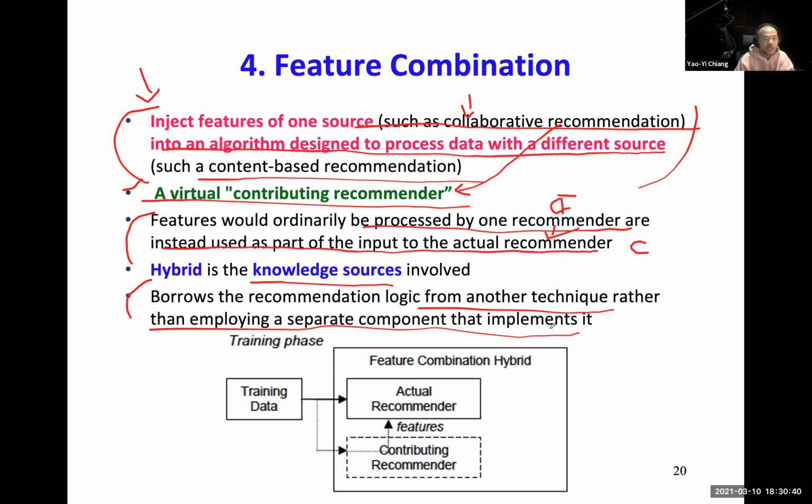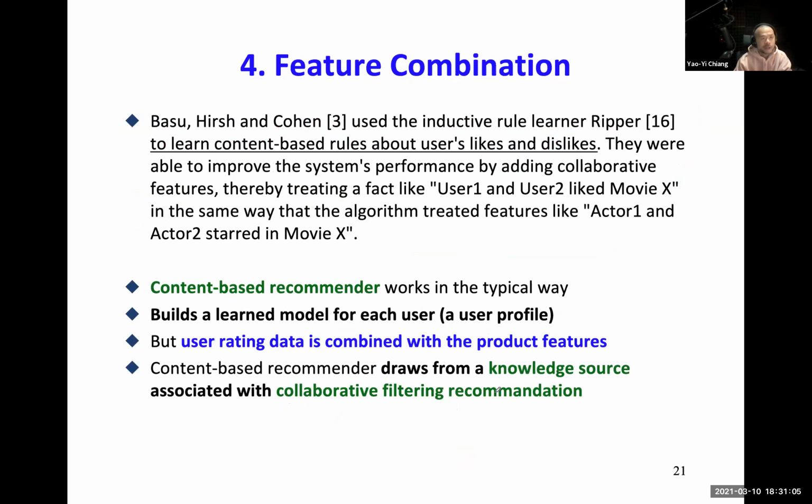Remember before, with the different types of hybrid, if we want to combine CF and content-based, we just run it twice. But now we do it once. We take some training data, we say, hey, here is a contributing recommendation system. It will help us generate some features, and these features will feed into the actual recommendation system and make the prediction. The example is much clearer than the definition.